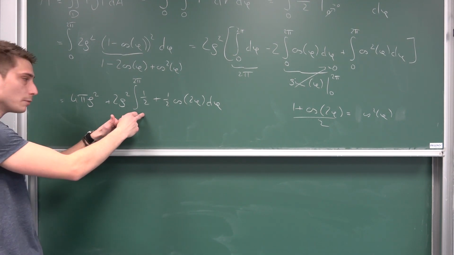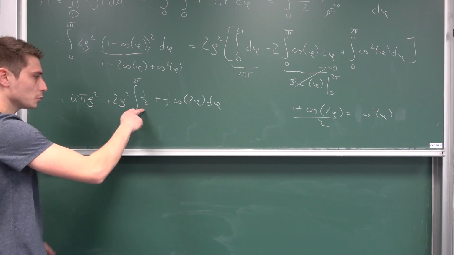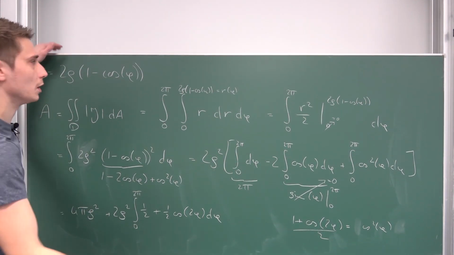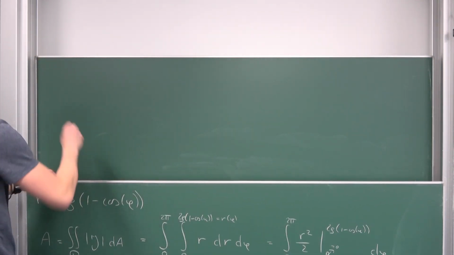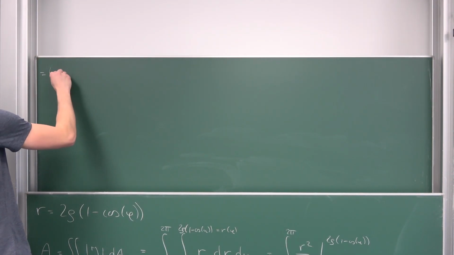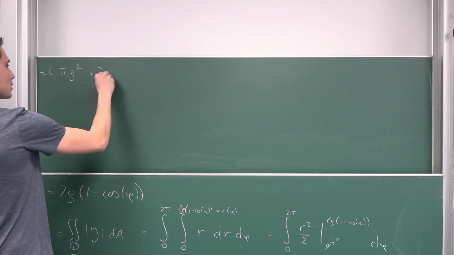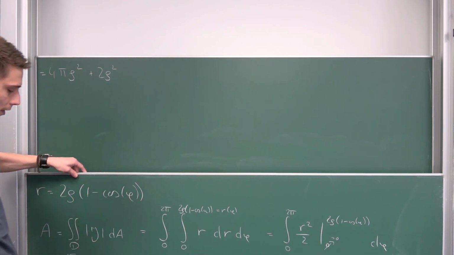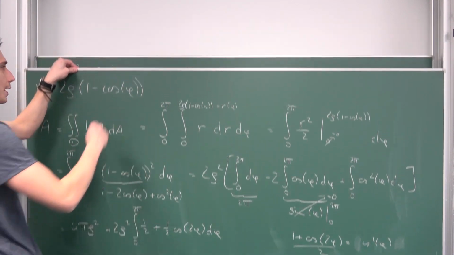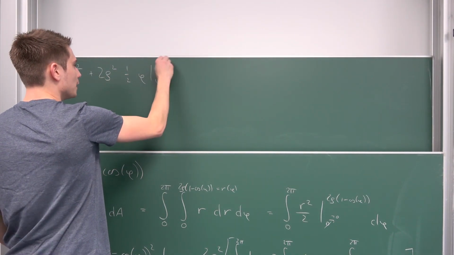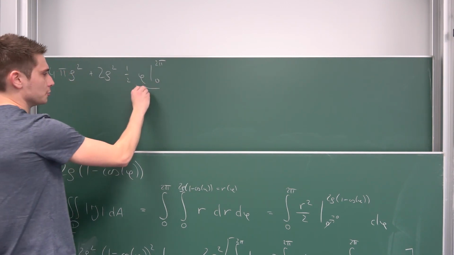So we can break this up once again using the linearity of the integral. 1/2 integrated with respect to phi is just going to give us 1/2 times phi from 0 to 2 pi. So that's 4 times pi times rho squared, plus 2 times rho squared. Like I said, this is going to give us 1/2 times phi from 0 to 2 pi, which is just going to vary to 2 pi once again.